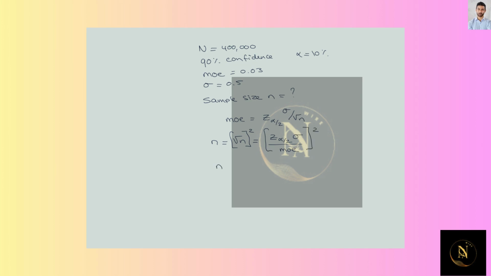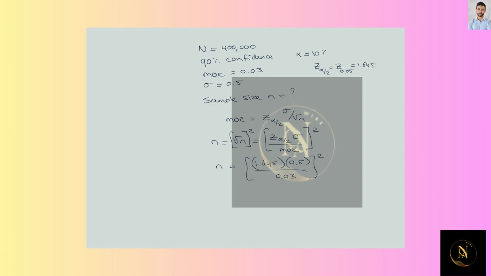So here then I need n is equal to the z, let's see, z alpha over 2 is the z value with 0.05, which is 1.645. So this is going to be 1.645, my z value, times sigma, which is 0.5, divided by the margin of error, which we're given is 0.03.